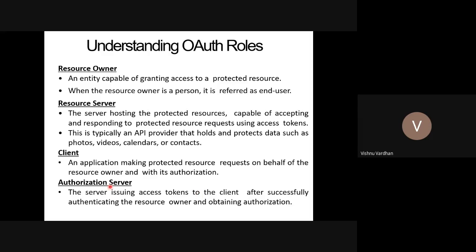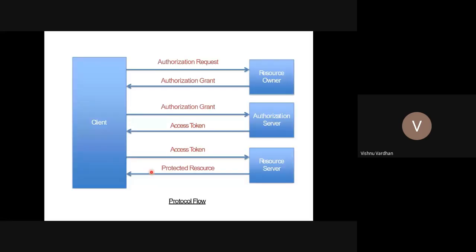These access tokens are served to the resource server, and by checking these access tokens, the API can release the photographs, videos, calendars, contacts, profiles, or anything else. So in that way all these are interconnected. Resource owner, resource server, client, authorization server, all are important, and how they communicate amongst themselves.